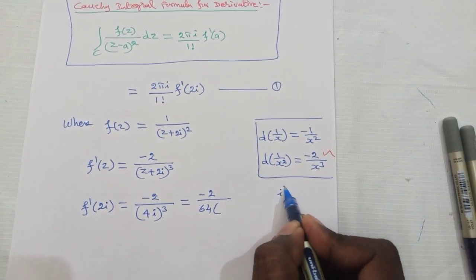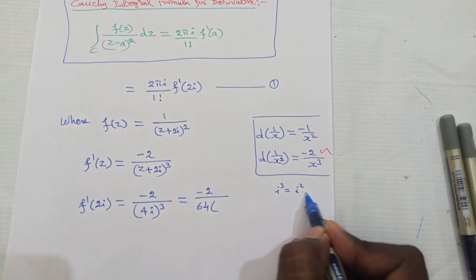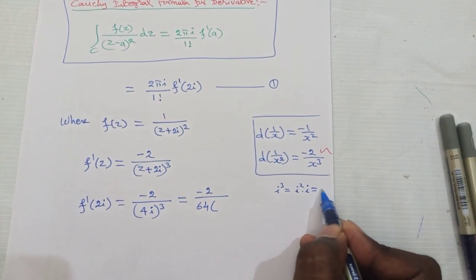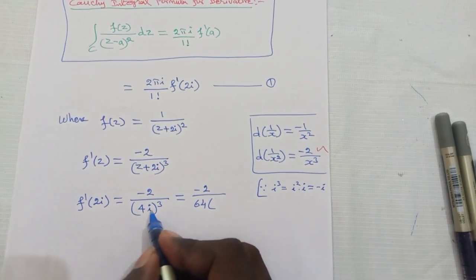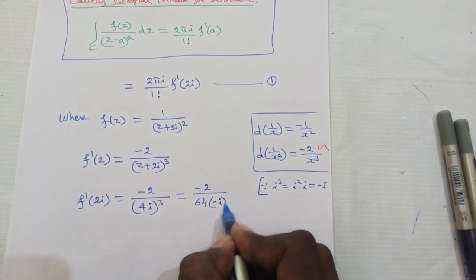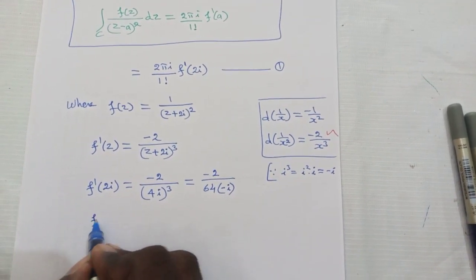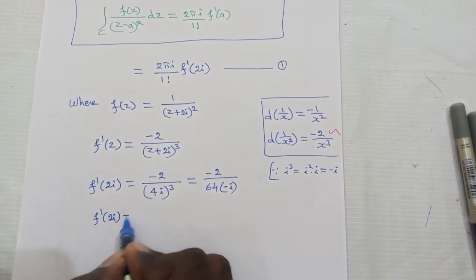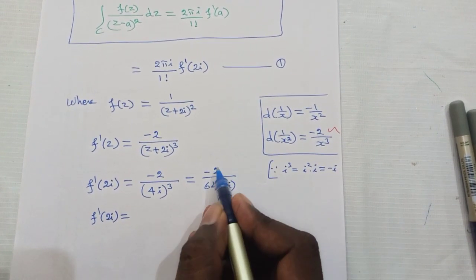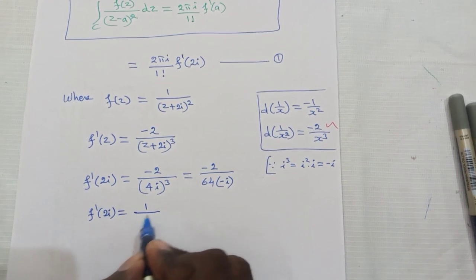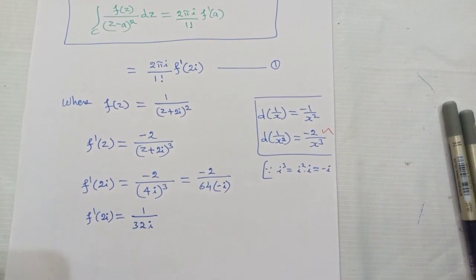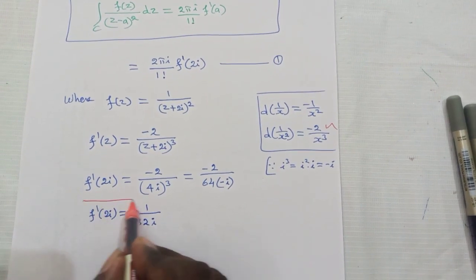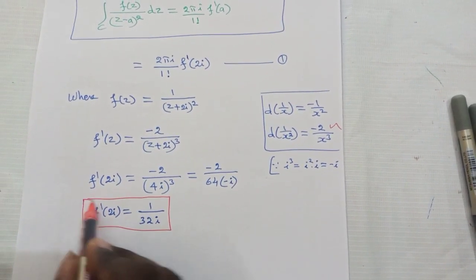What is i cube? i cube is i square into i, and i square is minus 1, so minus i. So i cube is minus i. Finally f dash of 2i equals, minus minus cancel, 2 also cancels, so 1 by 32i. So this is f dash of 2i.